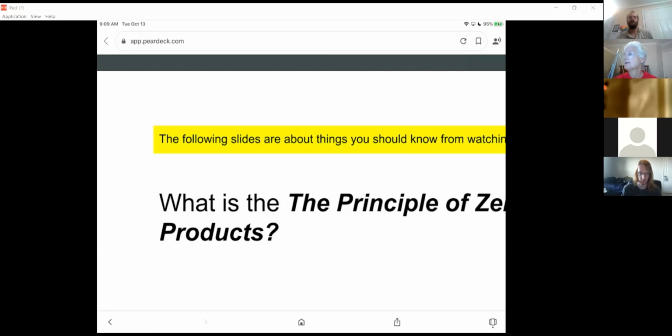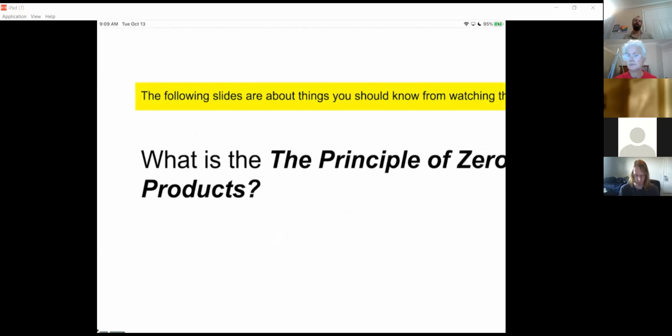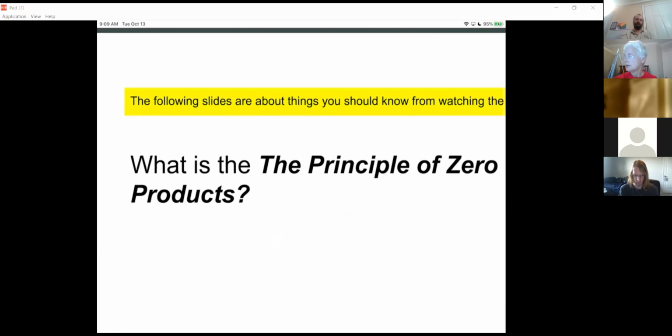Okay, so what is the difference between an expression and an equation?